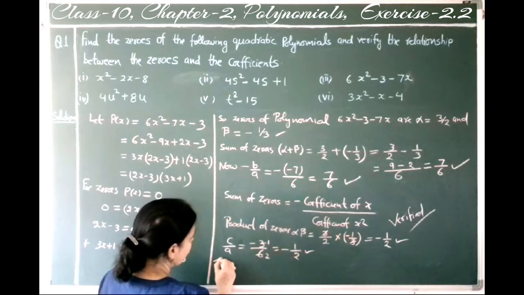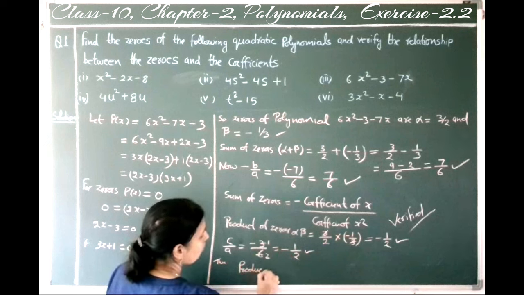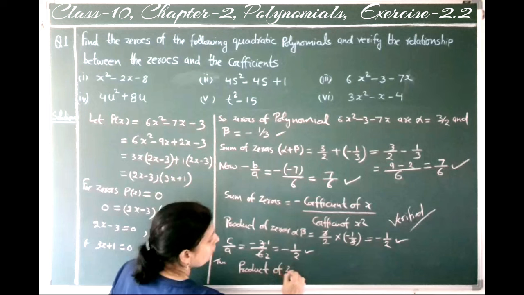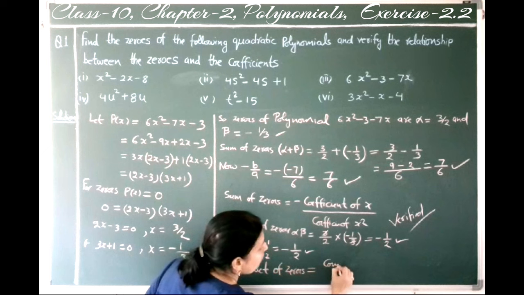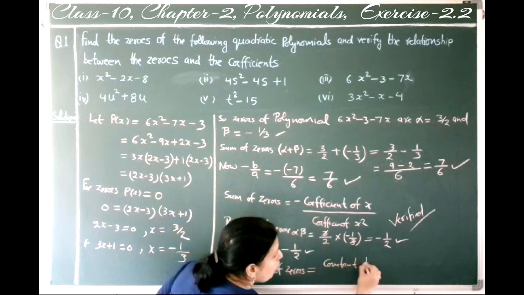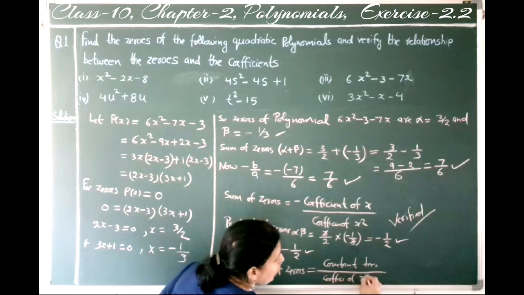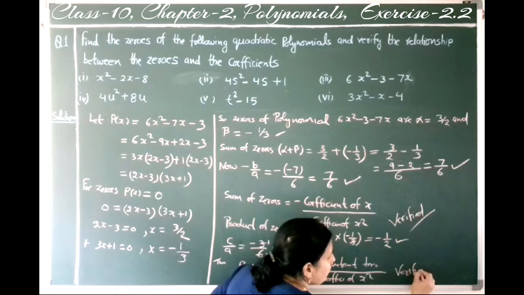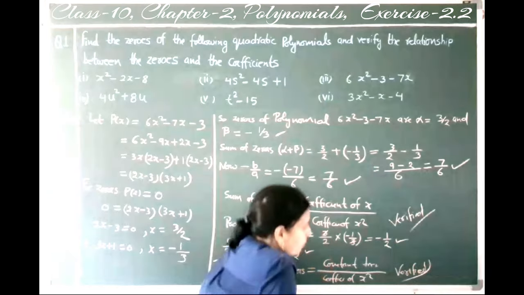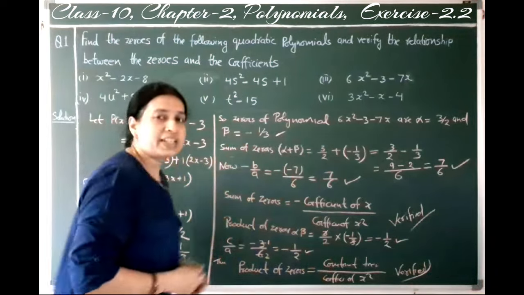So we can say that the product of zeros is equal to the constant term divided by the coefficient of x square. So this is verified.